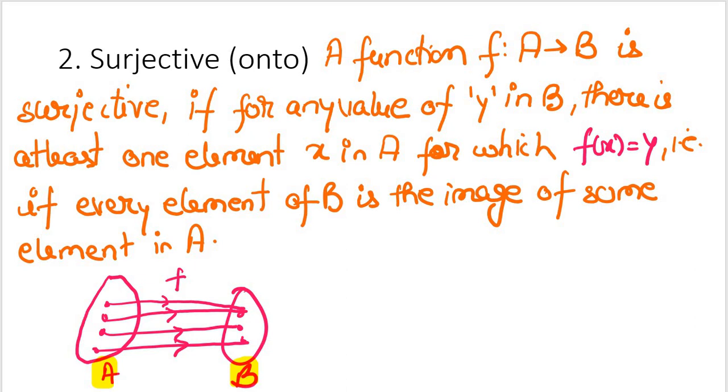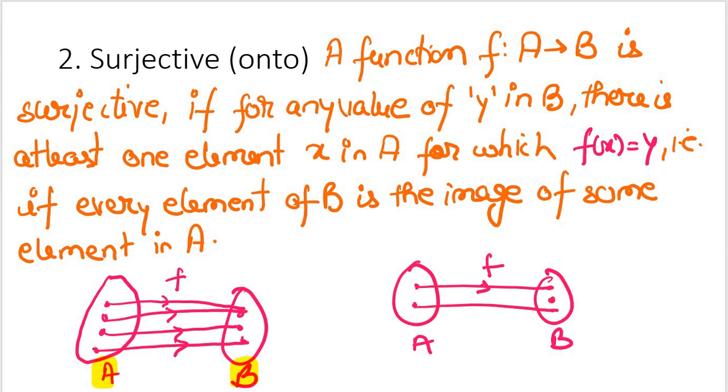And suppose I find that, let's say I have A this end and B on this end, and let's say I have a function f, and in between I observe this thing, that for this there isn't any image.